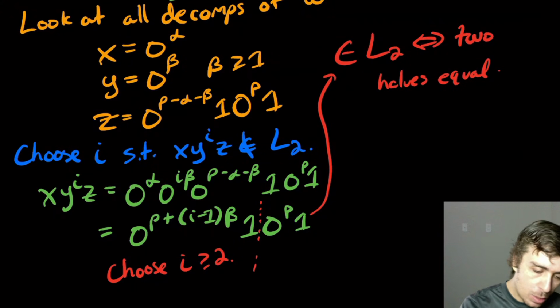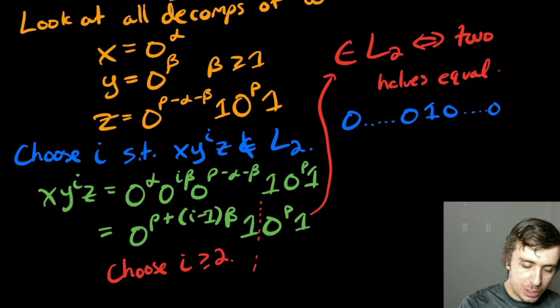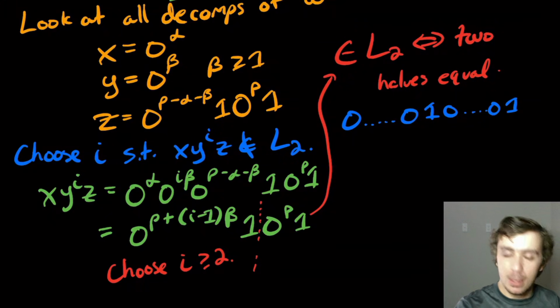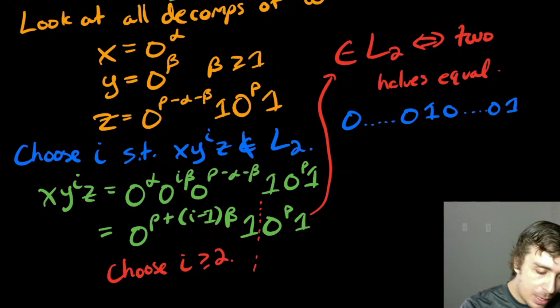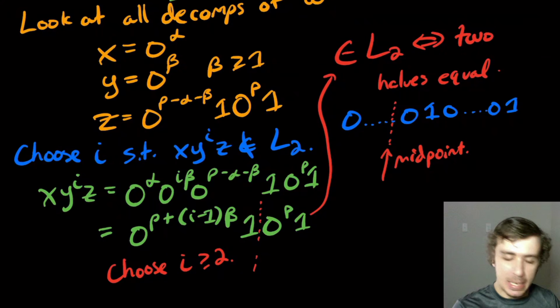Well, let's try to visualize what it looks like. We have a whole bunch of zeros at the beginning, the single one, some smaller number of zeros there, and then the 1. But here, the midpoint is right in here somewhere. So that is the midpoint. But notice what happened here.